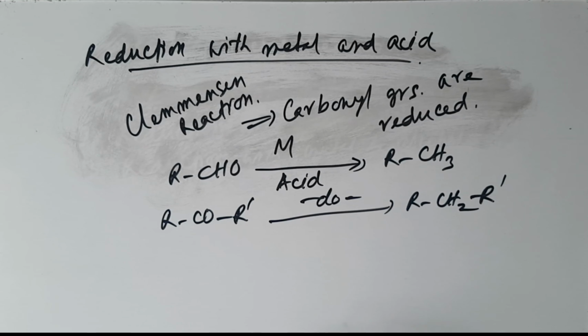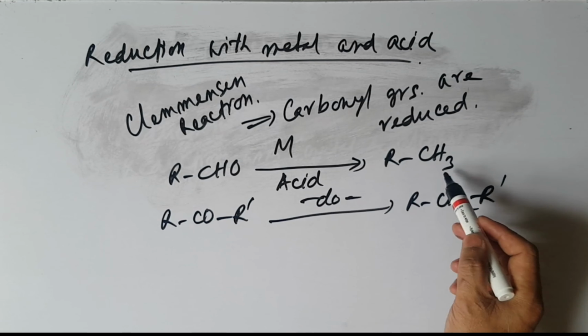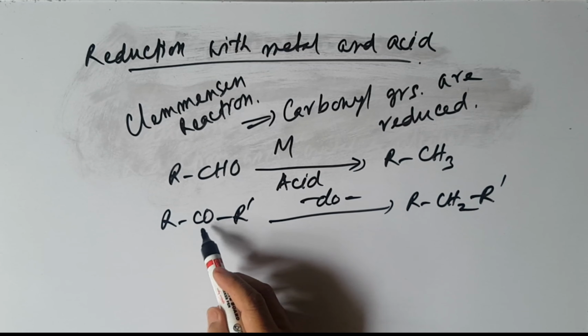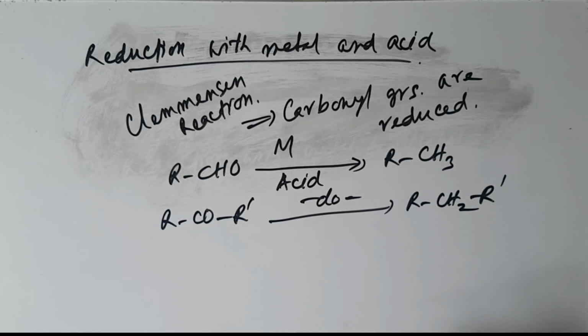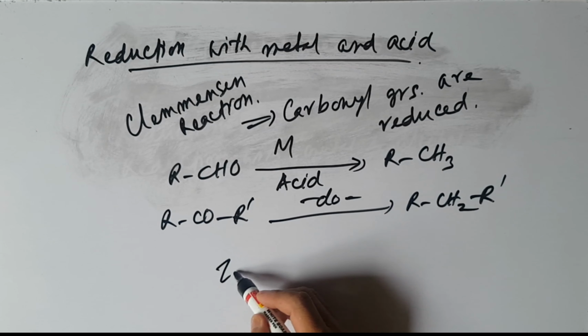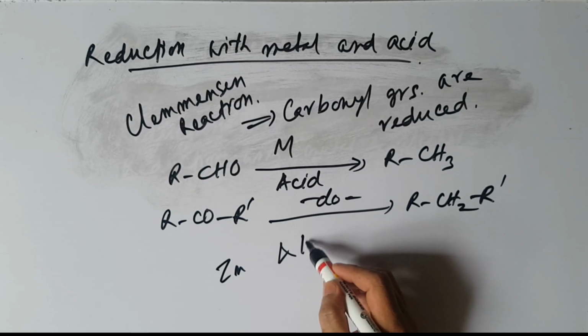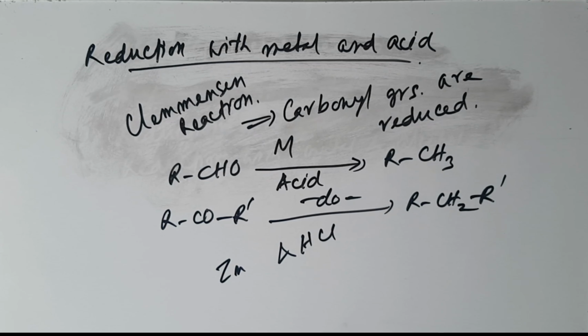So in the case of aldehydes, they are reduced to methyl, and in the case of ketones, they are reduced to methylene. This is generally the Clemmensen reduction. In Clemmensen reductions, the metals generally used are zinc and HCl, but zinc is used in the form of amalgam, that is, in the presence of mercury.